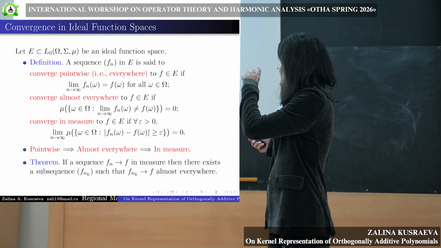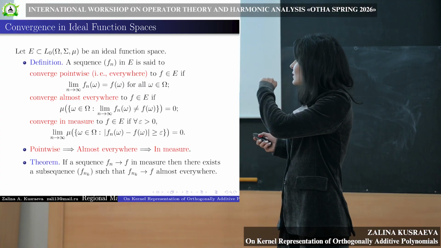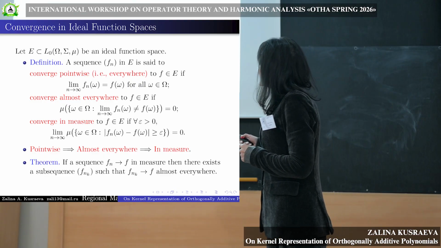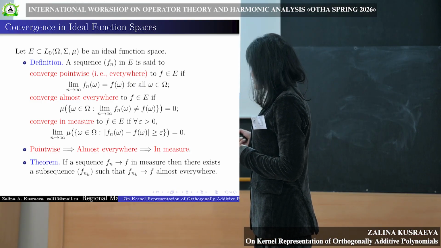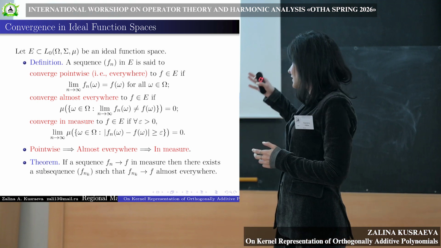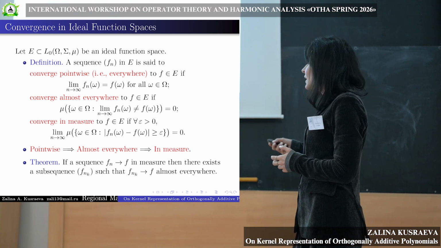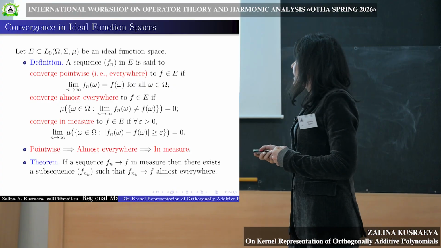And we say that the sequence converges in measure if the measure of the set where the deviation between f_n and f is greater than or equal to epsilon tends to 0.